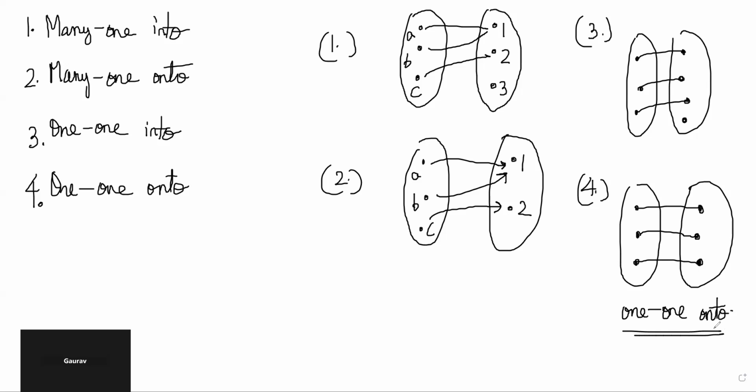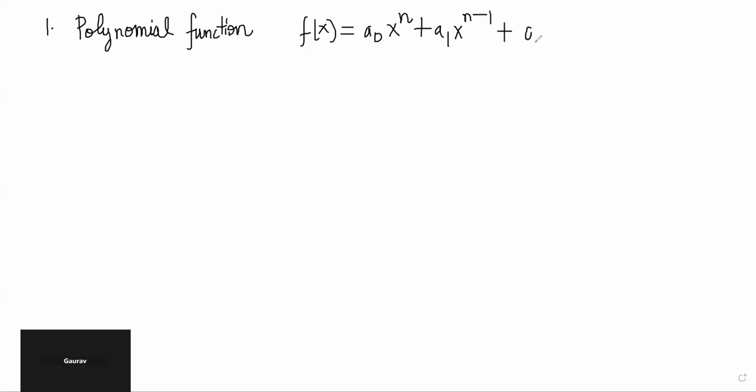Is it clear what we have done so far? Okay. Then there are some basic standard types of functions that you might have already seen, like polynomial function. What is a polynomial function? So you have f of x defined in this way: a0 x^n plus a1 x^(n-1) plus a2 x^(n-2), and so on till an.